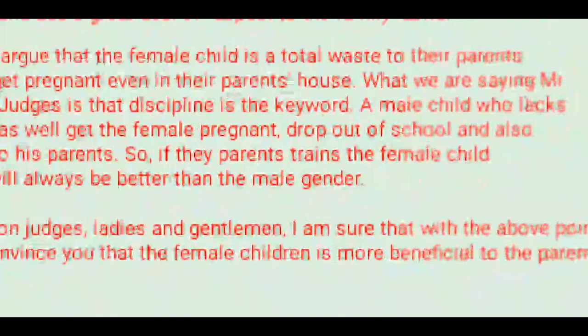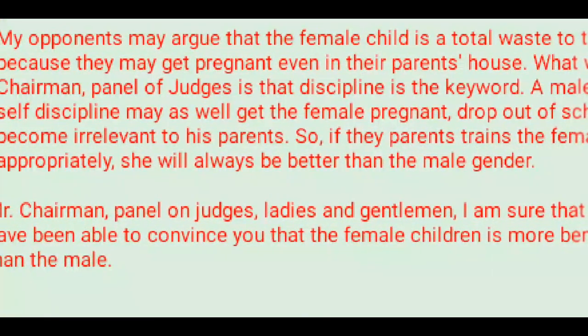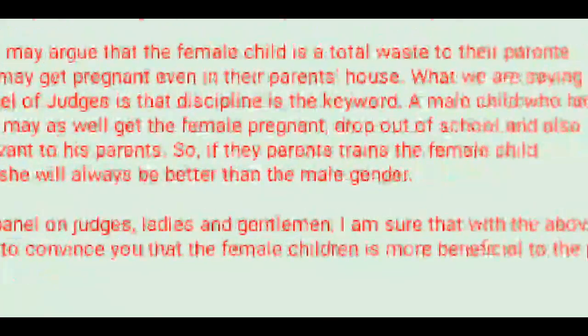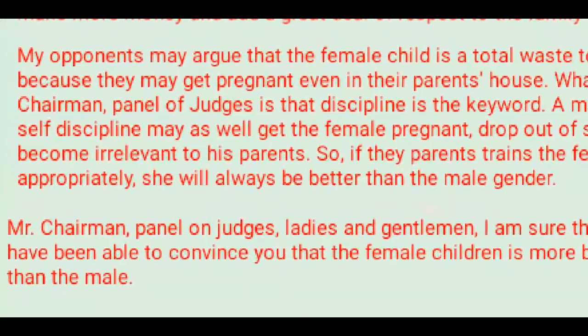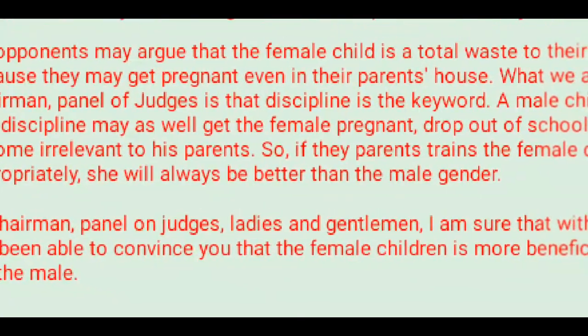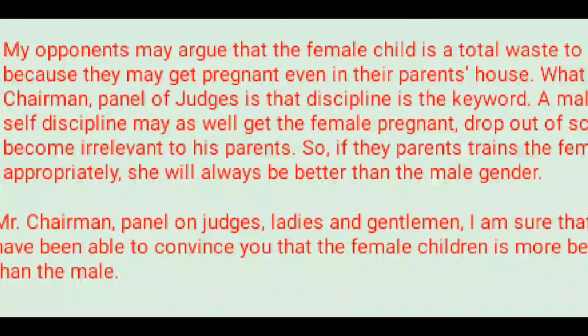A male child who lacks discipline may as well get a female pregnant, drop out of school, and also become irrelevant to his parents. So if the parent trains the female child appropriately, she will always be better than the male child."